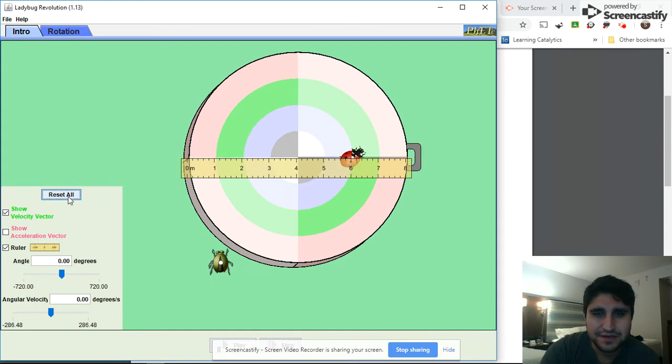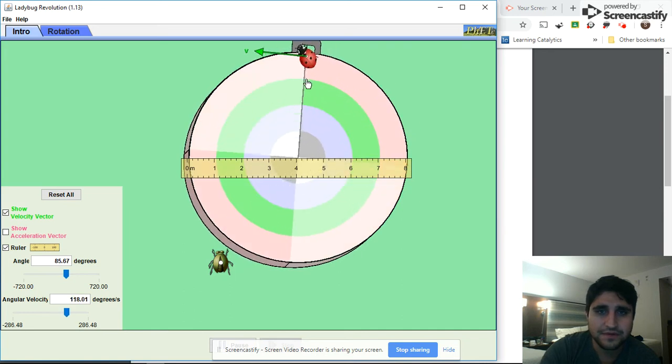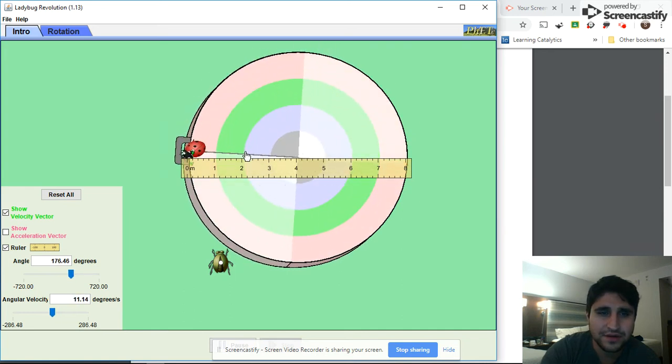I'm going to reset it, and I'm going to put it over here at the very edge. And it's at 0, and then when I go all the way from one end over here, the angular displacement is 180 degrees. So the angular displacement didn't change based on where the bug was, but the linear displacement did change.